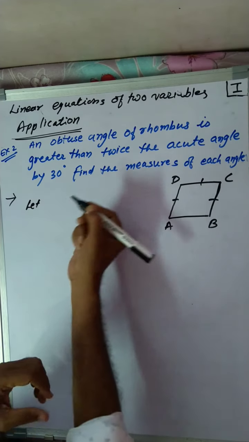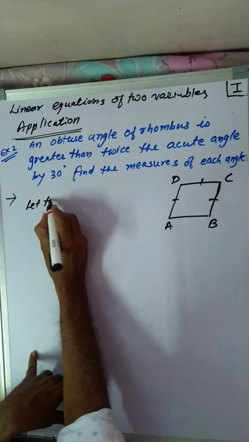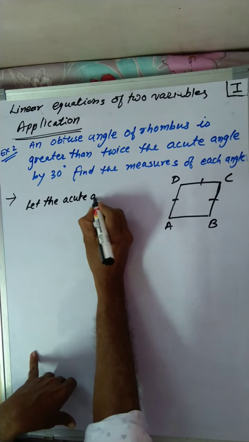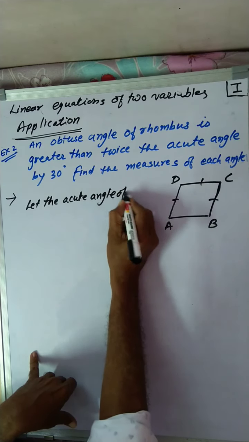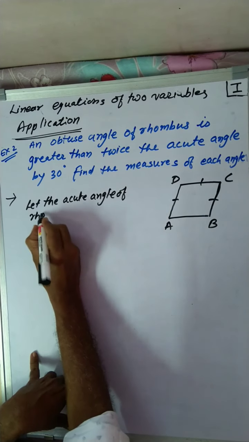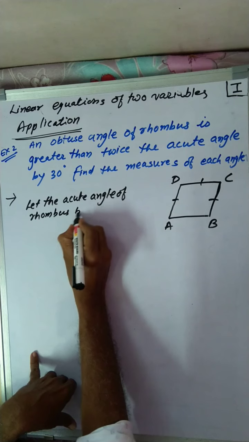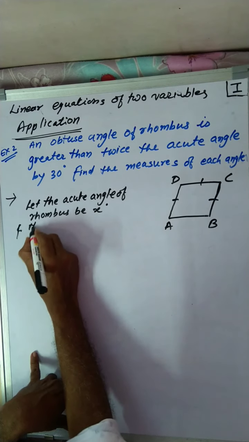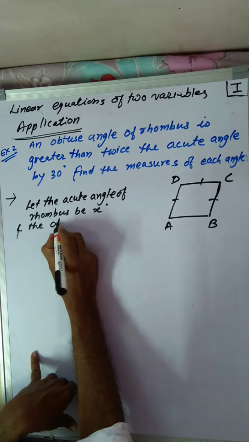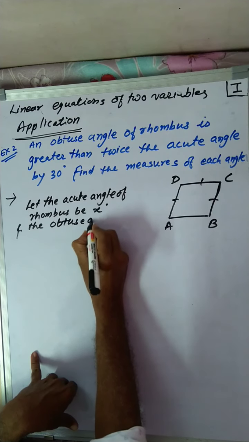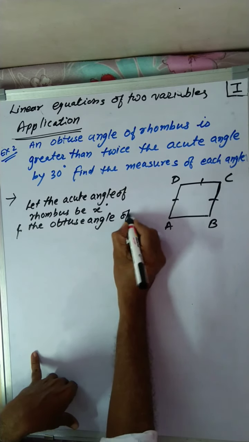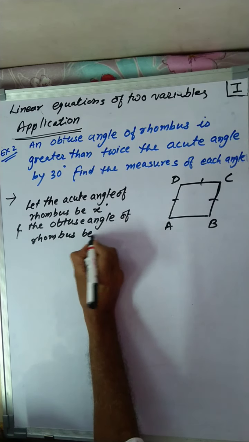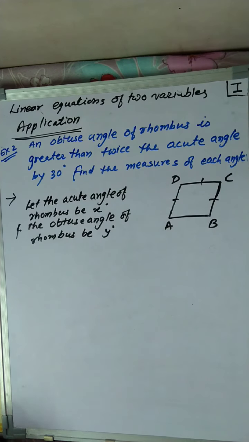Let us take two angles. Let the acute angle of the rhombus be x degrees and the obtuse angle of the rhombus be y degrees.